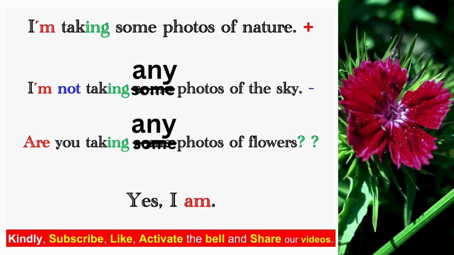So here we are not going to use "some" in the question. So try to correct it. We should write "any". Are you taking any photos of flowers? So it's a mistake, so correct it. Write "any" in the question. Are you taking any photos of flowers? Yes, I am.